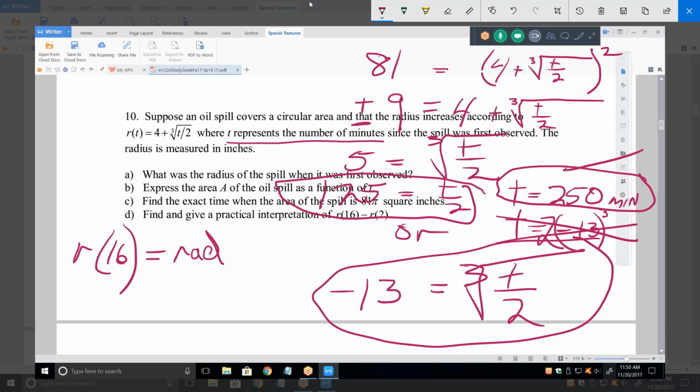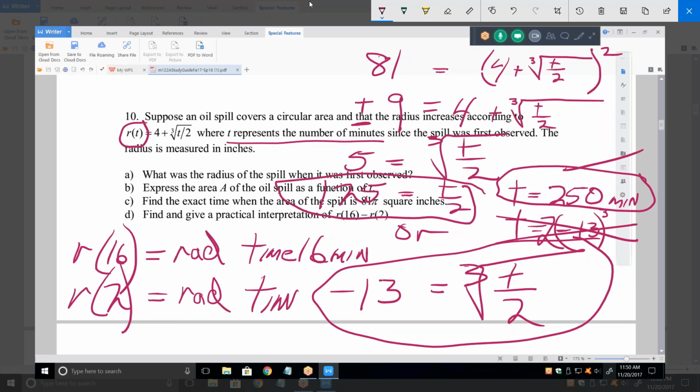No, the radius when time is 16 minutes. In other words, whatever's in the parentheses is t, it's time. What does R of 2 mean? R of 2 minutes. It's the radius when the time is 2 minutes.